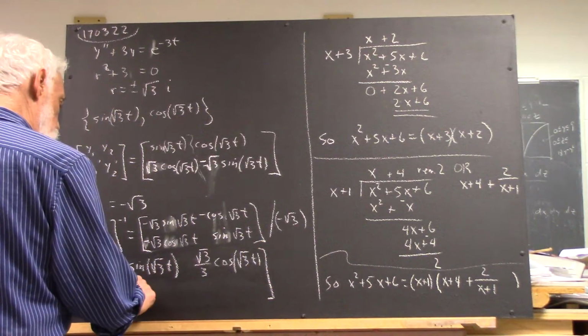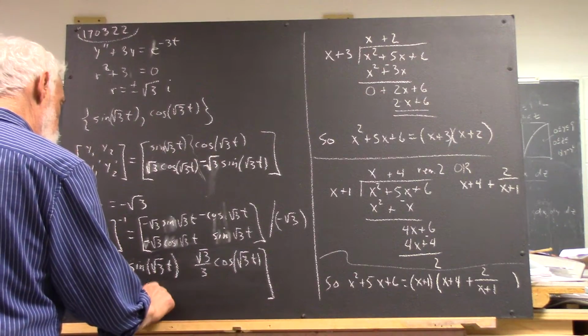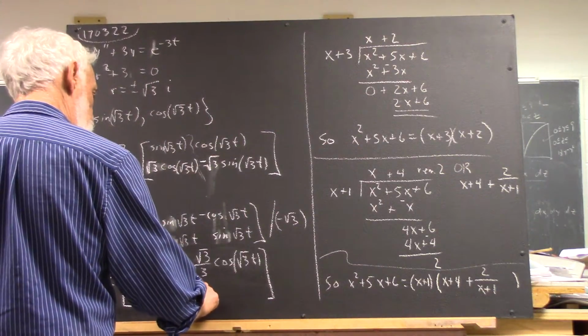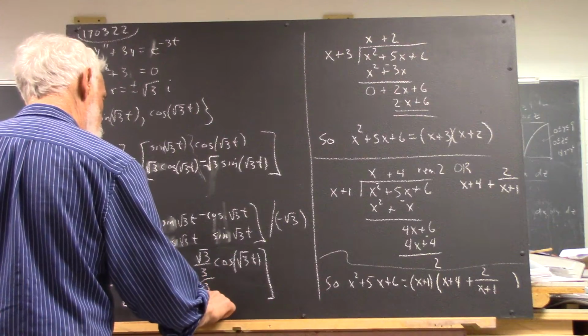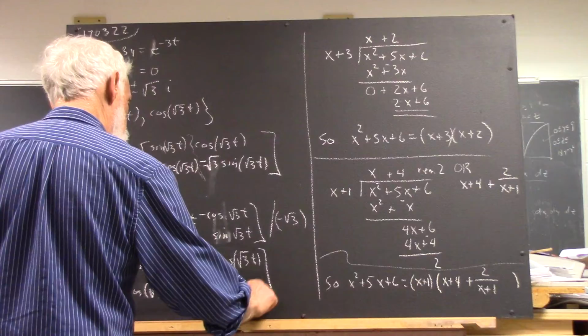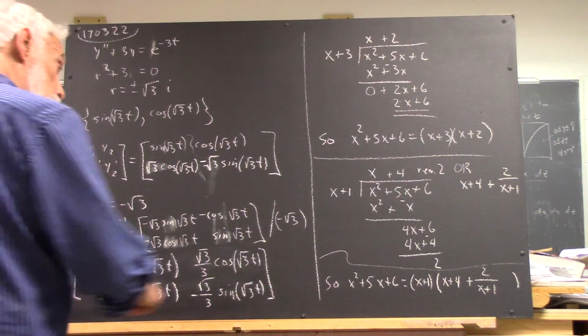And here then, we're going to get cosine of the square root of 3t and negative square root of 3 over 3 sine of square root of 3t. Now read that carefully. Unfortunately, you can't let me know if I did that wrong.